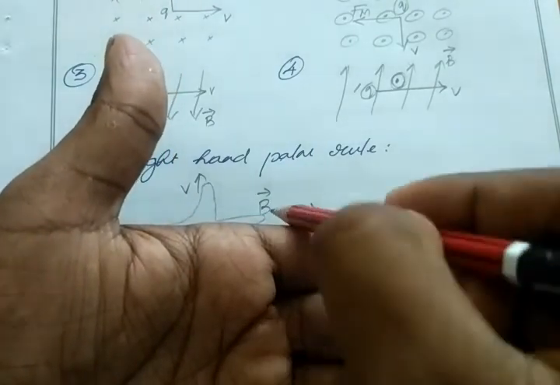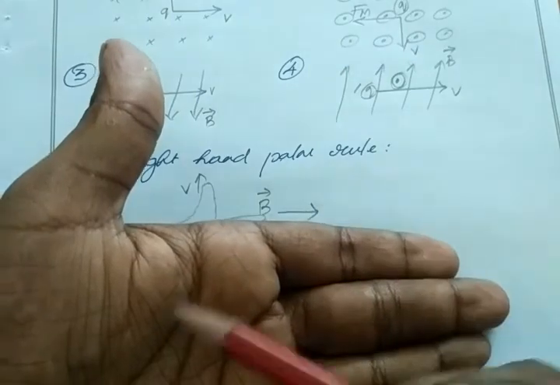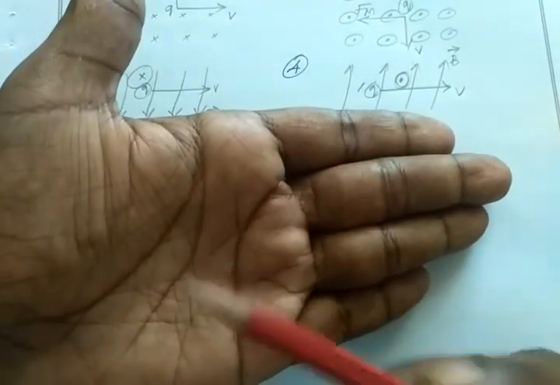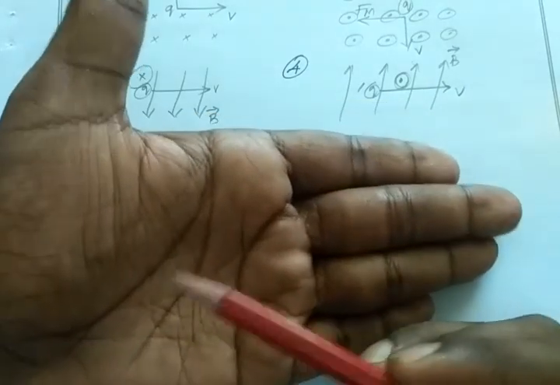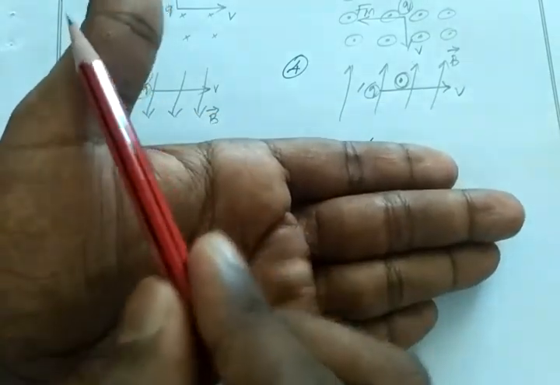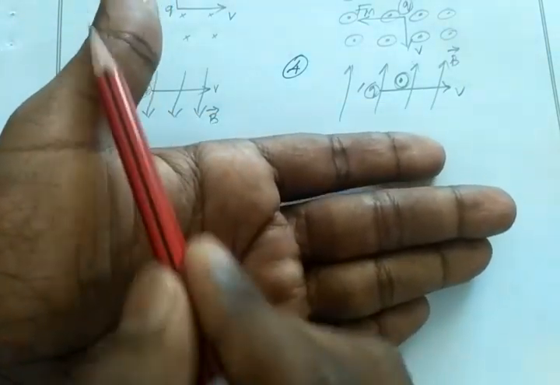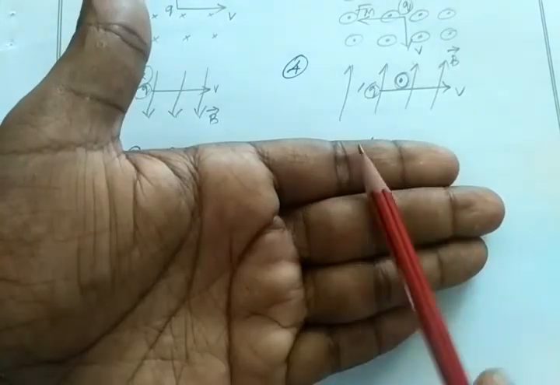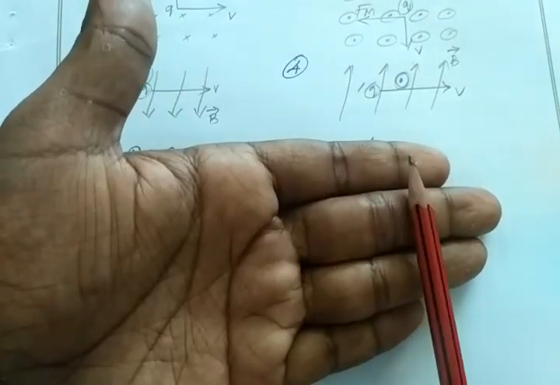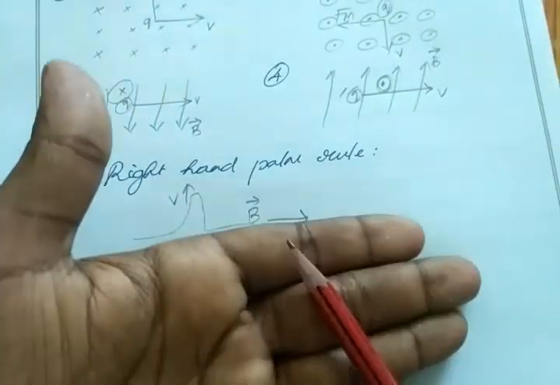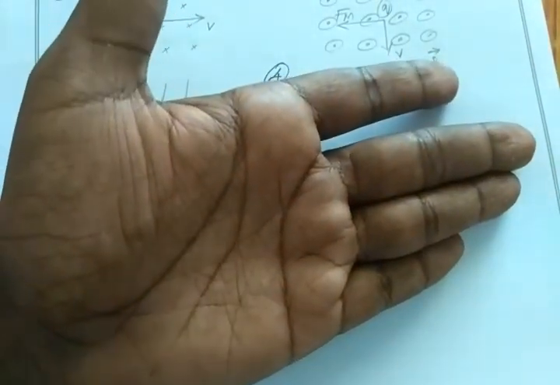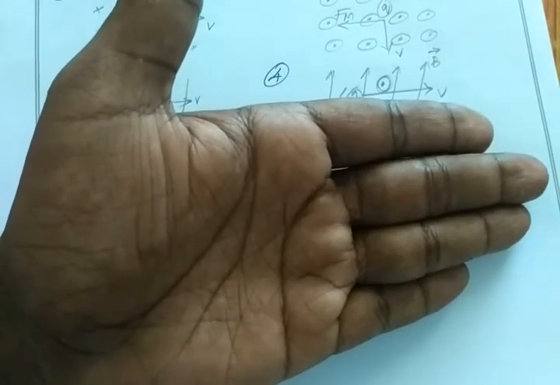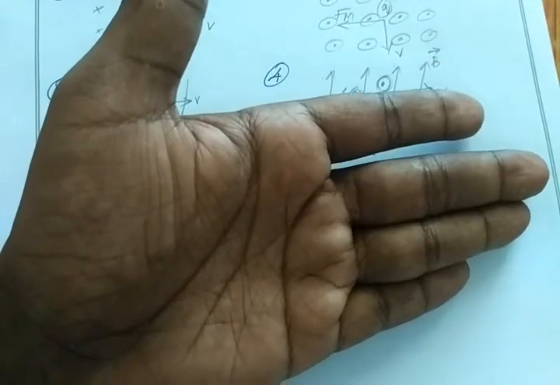Forefinger, direction of magnetic field. Okay, my palm shows the direction of magnetic force. Clear? You try yourself, you can understand.